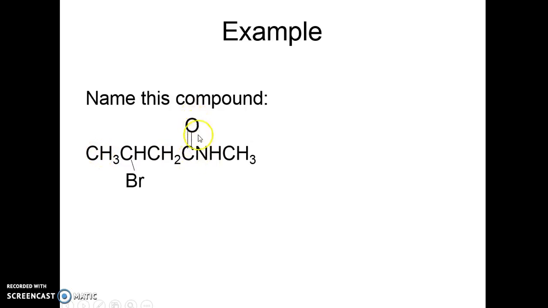Another way to say is this could be from butanoic acid, so we take off the oic acid and add amide. Regardless of which way you do it, you still get butanamide. Now, we have substitution on the nitrogen, and we have substitution on the carbon chain. The carbon chain is going to be numbered 1, 2, 3, so that's 3-bromo. And then the methyl group is on the nitrogen. We call that N-methyl.